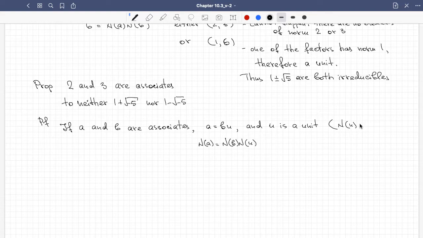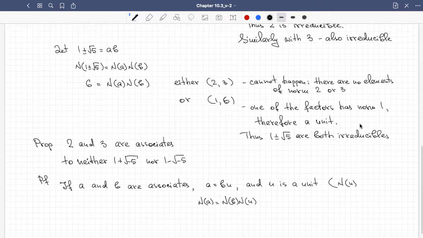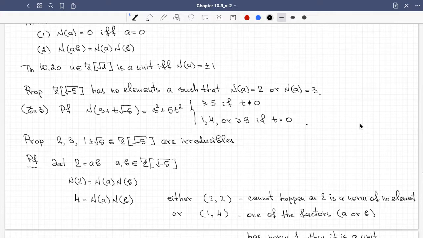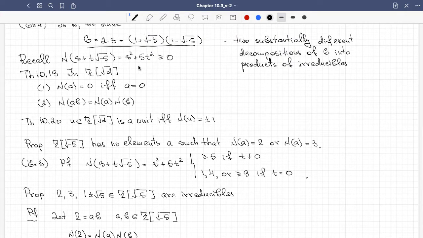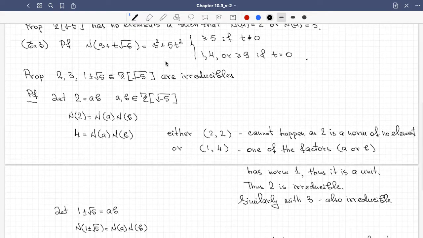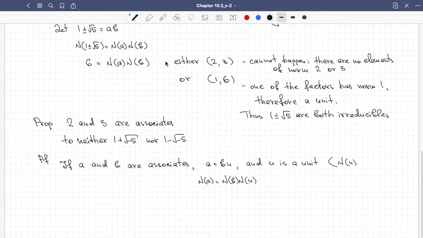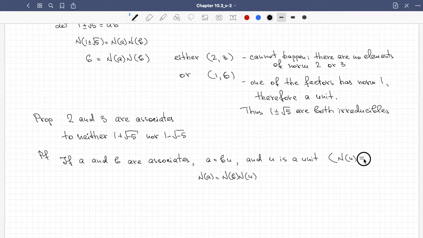In this case, all norms are non-negative. Therefore, negative 1 is ruled out. Norm of U must be 1. Norm of a unit must be 1.